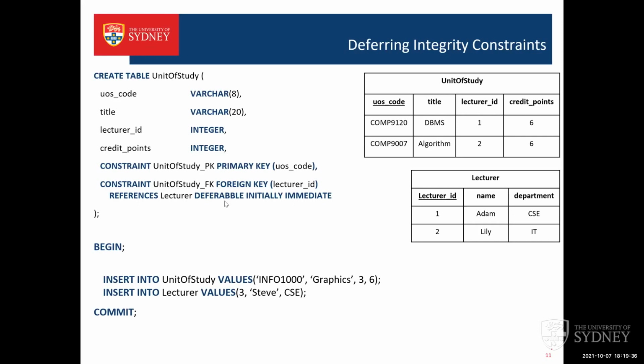Yep, so this foreign key condition checking is deferred. We can change that behavior. That's what deferrable means. So what do you think? Will this be okay? Someone said no lecturer ID 3. Yep. Anyone else can find anything?